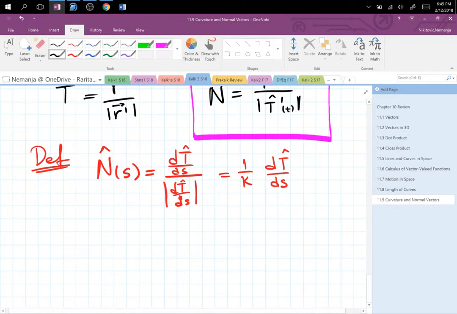So at the point of the curvature, it is showing the direction to move away the fastest from the curve. You see, if you have a curve right here and you pick a point, you can leave this point this way, this way, this way.